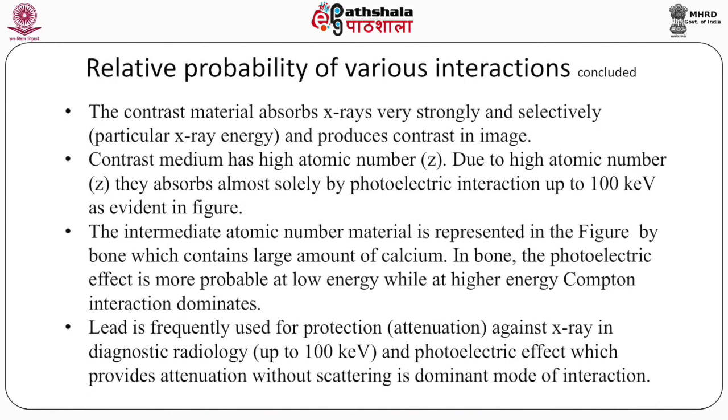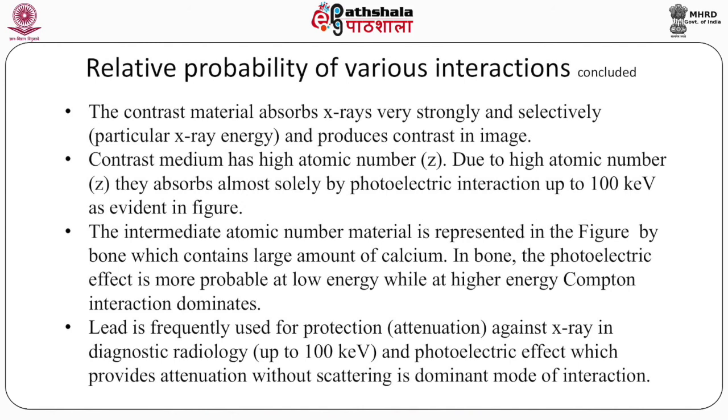Due to high atomic number Z, they absorb almost solely by photoelectric interaction up to 100 keV as evident in figure. The intermediate atomic number material is represented in the figure by bone, which contains large number of calcium.